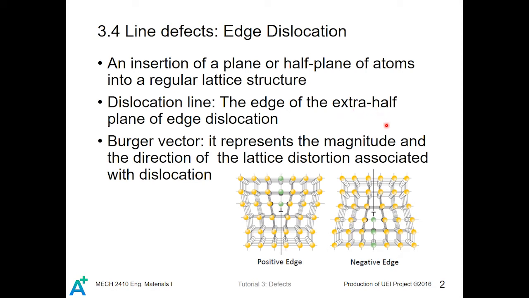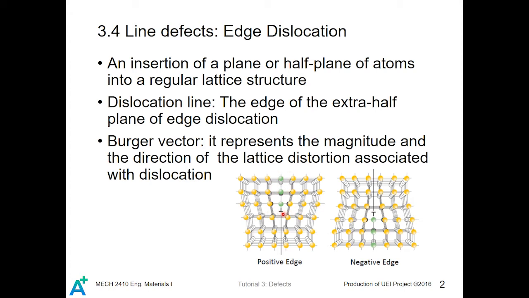But often there is an addition of these green atoms, which we call the plane of the atoms. The dislocation line is defined as the edge of the extra half plane of the edge dislocations. This we call edge dislocations, those green atoms.